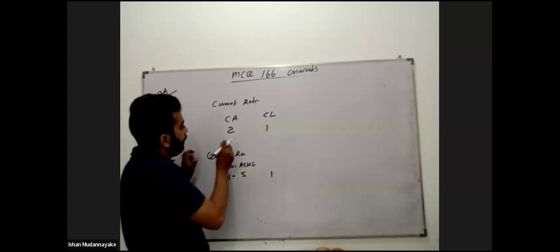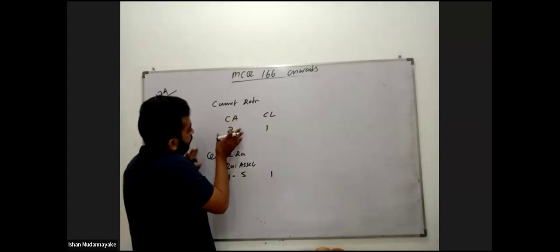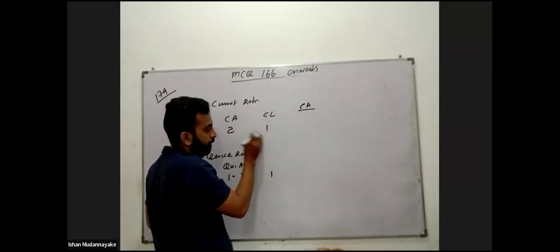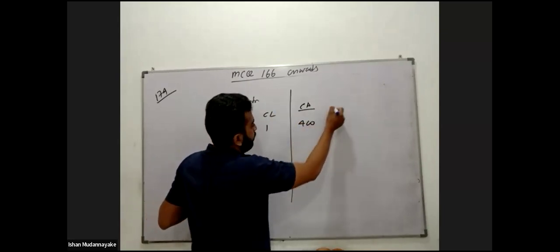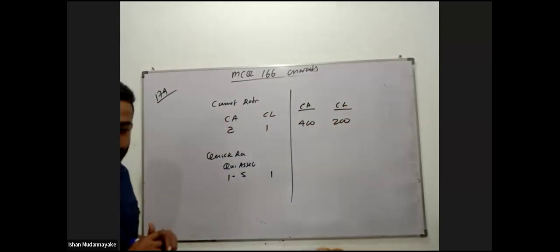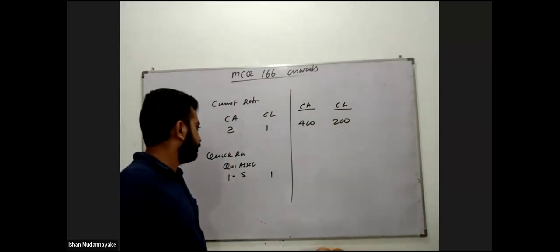Let's say, for example, that according to the current ratio, if current assets are 2 and current liability 1, then current assets are 400 and current liability 200.